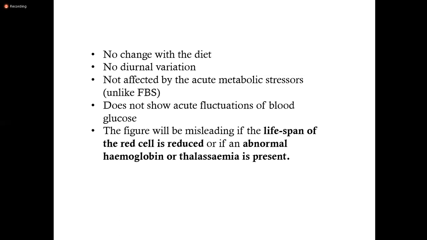And say the patient has undergone blood transfusion, that again can change the level of HbA1c. And say the patient is having hemoglobinopathy or other hemolytic anemias like thalassemia, all will change the lifespan of the red blood cell. So in those situations, this HbA1c may not be a useful marker.